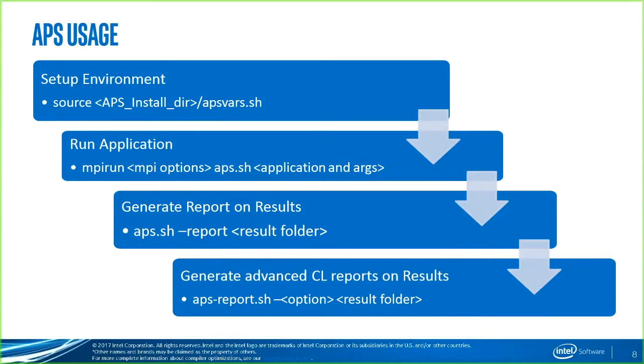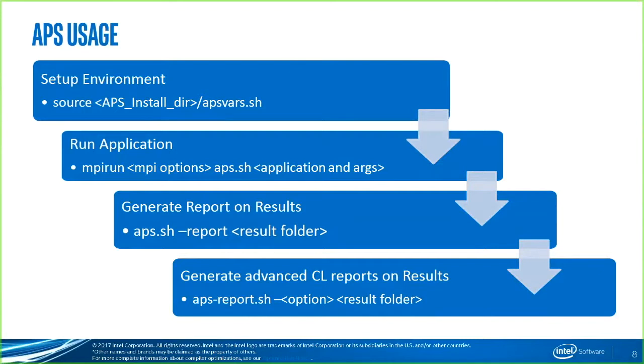Dmitry, can I ask a question? Uh-huh. So the only difference for our users would be that on the Cray system we use aprun, and they just have to add the aps.sh shell script after the aprun MPI options, and then the application. Is that how it would work? Right.